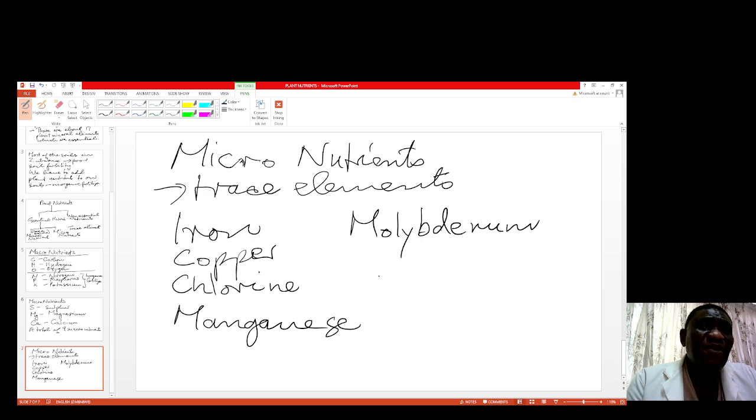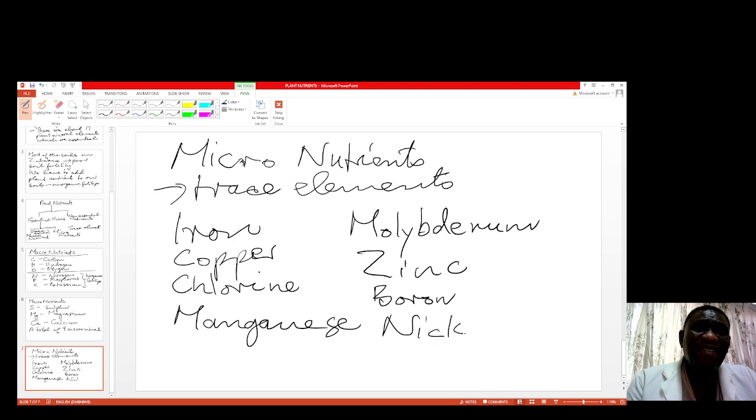After molybdenum we have got zinc, then we have got boron, after boron we have got nickel. Looks like we are into mining business.